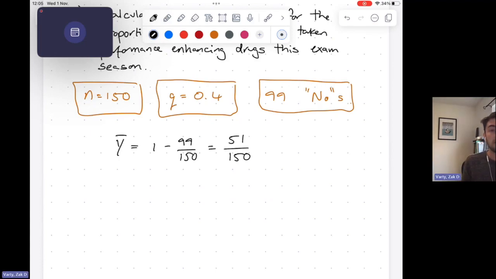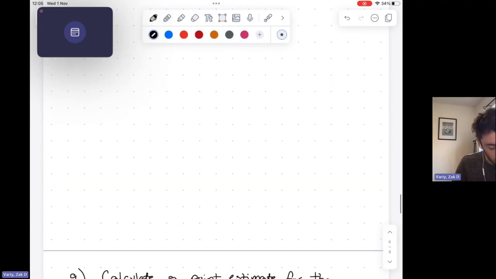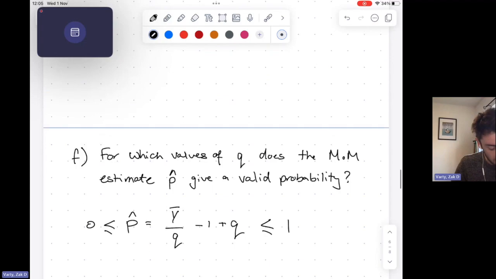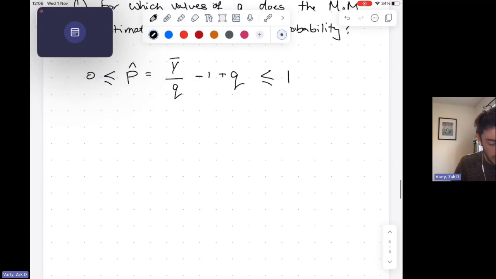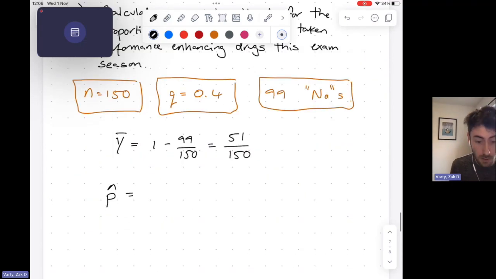So taking this sample proportion, we're going to substitute that in to get our method of moments estimator p hat, which I will scroll back up to remind myself of. It's y bar over q, minus 1 plus q.